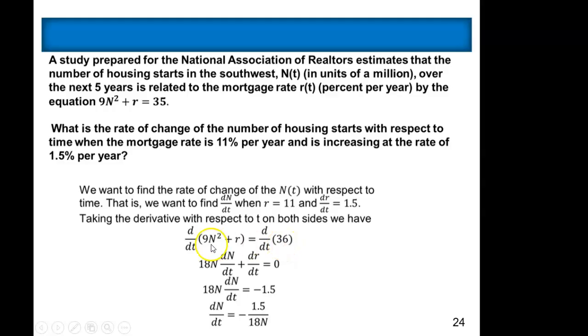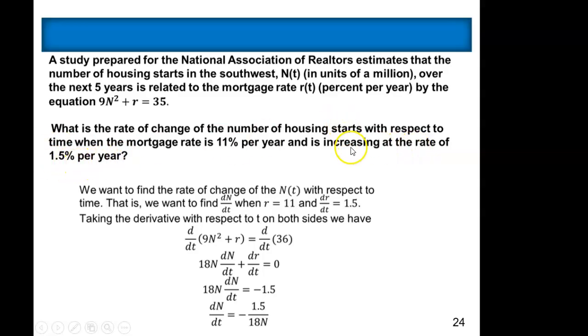So when we do related rates, all the variables are going to get these dN/dt's and dR/dt's because they're going to be in relation to the third variable, time. Okay, so looking at what we've been provided with here, we're told that the mortgage rate is 11% per year and it's increasing at the rate of 1.5% per year.